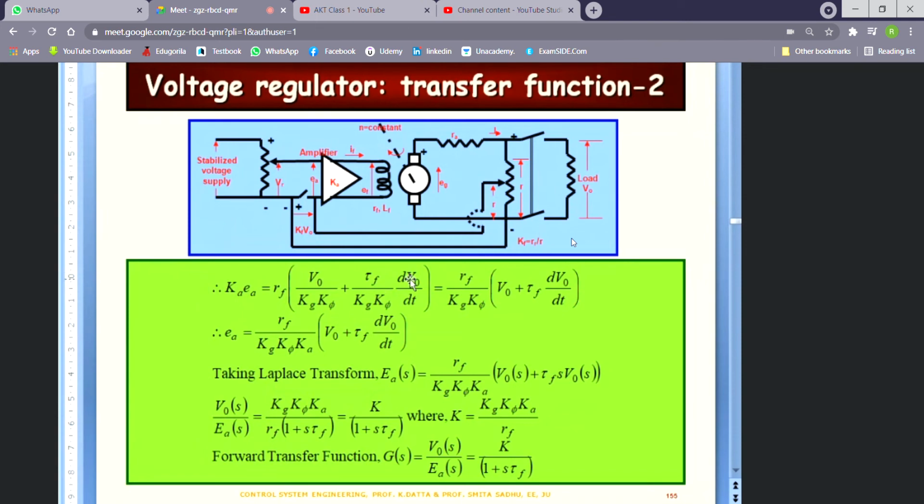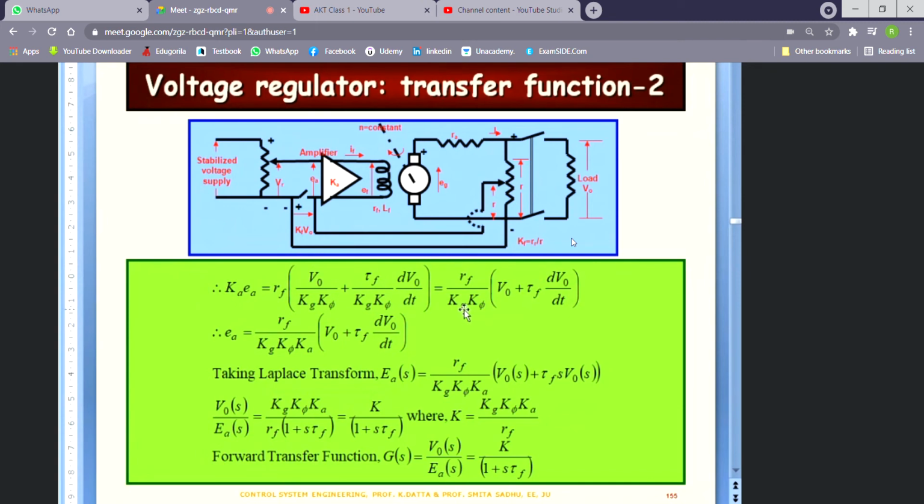So basically we had tau F into DIF dt. So DIF dt has now become dVO dt by kg k phi, right? So kg k phi, of course, are constant. So we have tau F by kg k phi dVO dt. Now if we take out this kg k phi in the denominator as common, this is what we can rewrite it as, this last one, right?